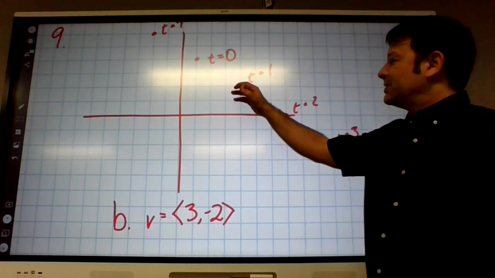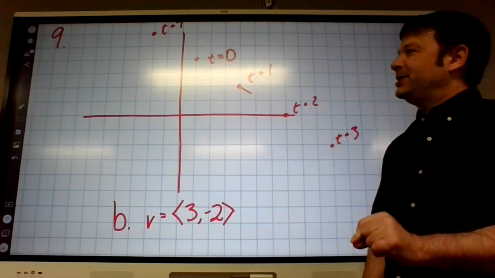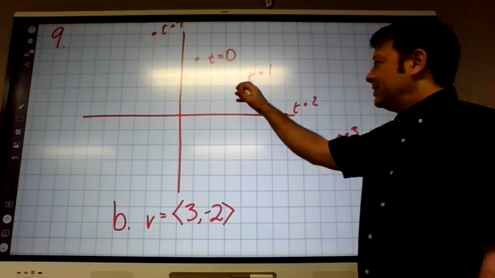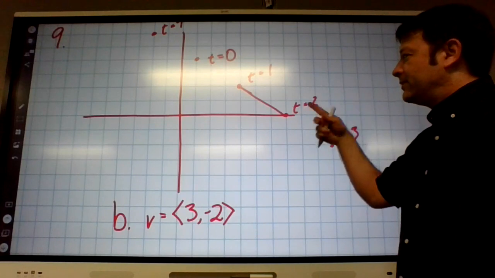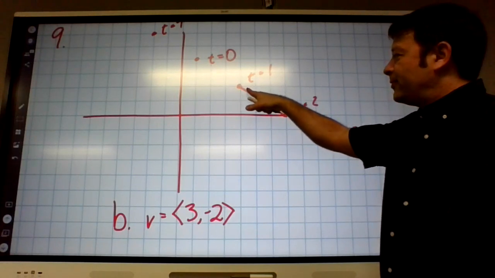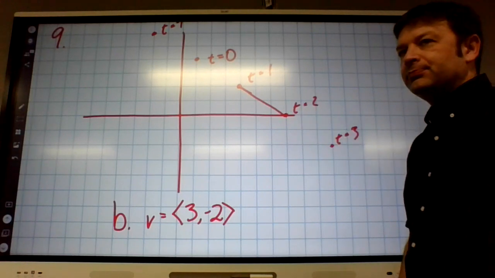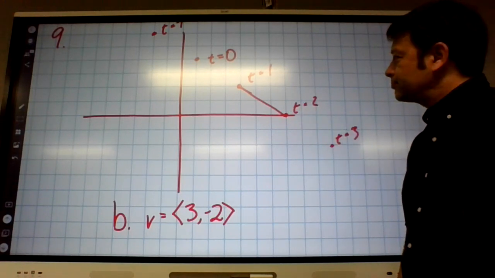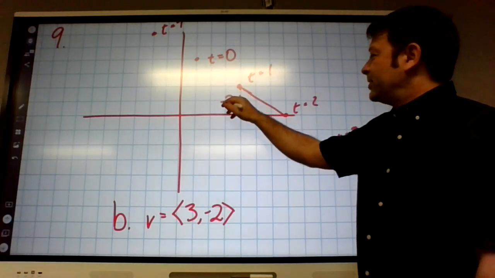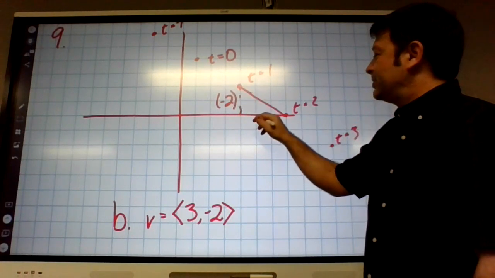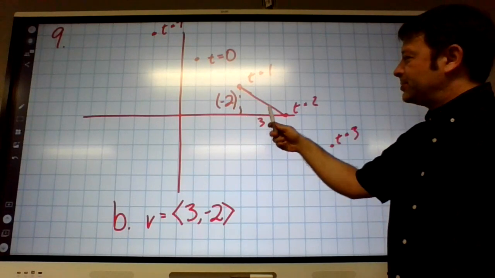Speed is how far you are moving. It's confusing because velocity and speed kind of are the same thing, but it means how far you are moving per hour or minute or whatever. So we can find that distance with the Pythagorean theorem. 2 squared plus 3 squared equals this squared.